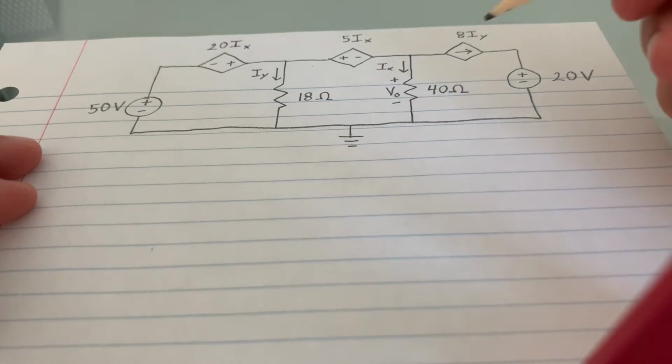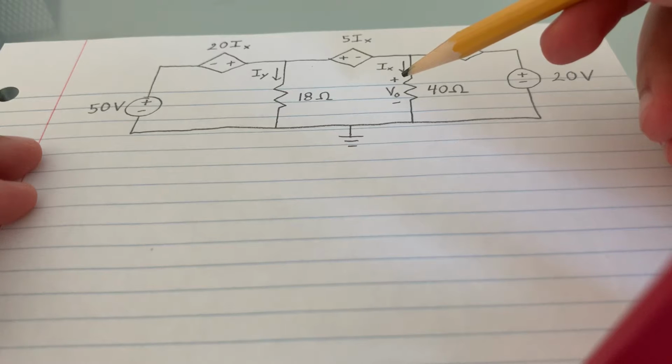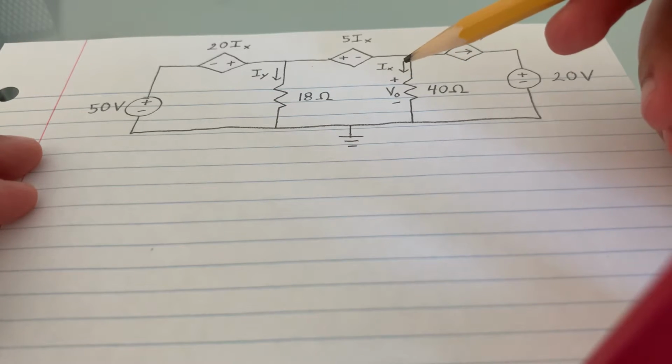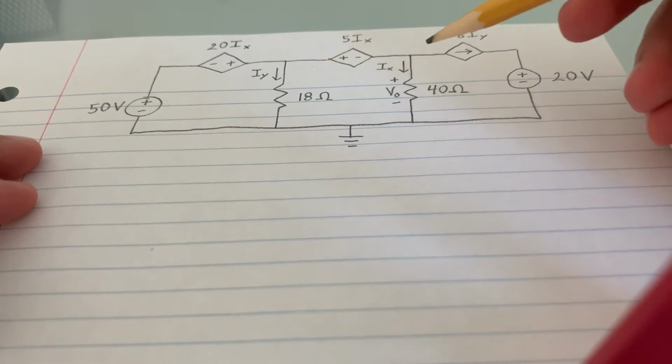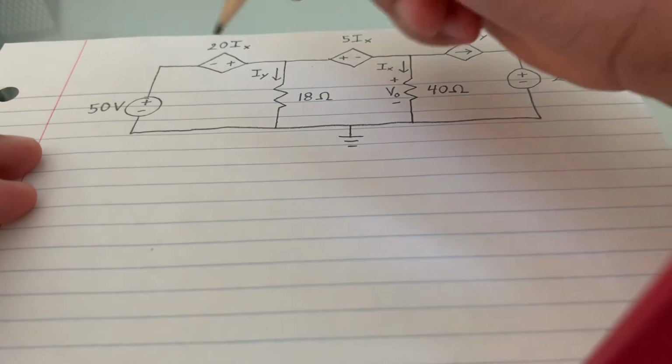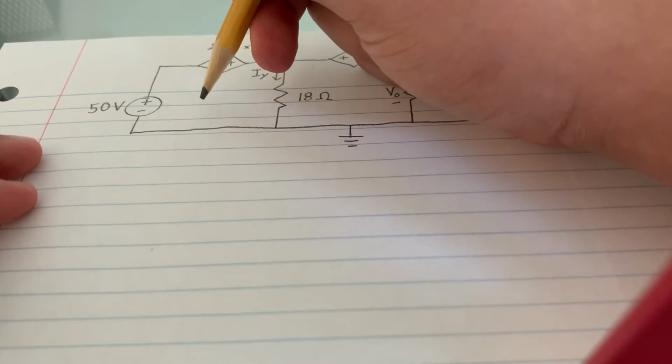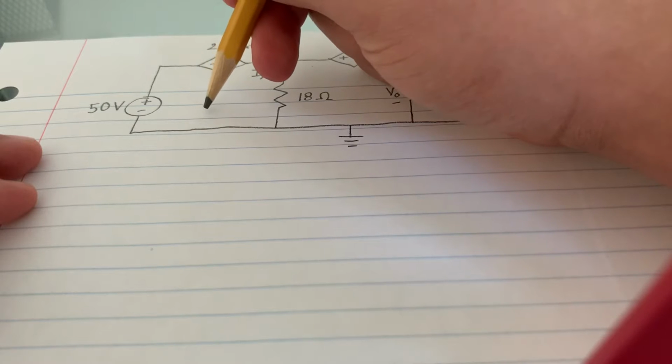I have my ground. The next part is we need to determine if we're going to do mesh analysis or node voltage analysis. I am going to choose mesh analysis because nobody likes node voltage analysis. So to start, I need to declare currents in each of these loops.